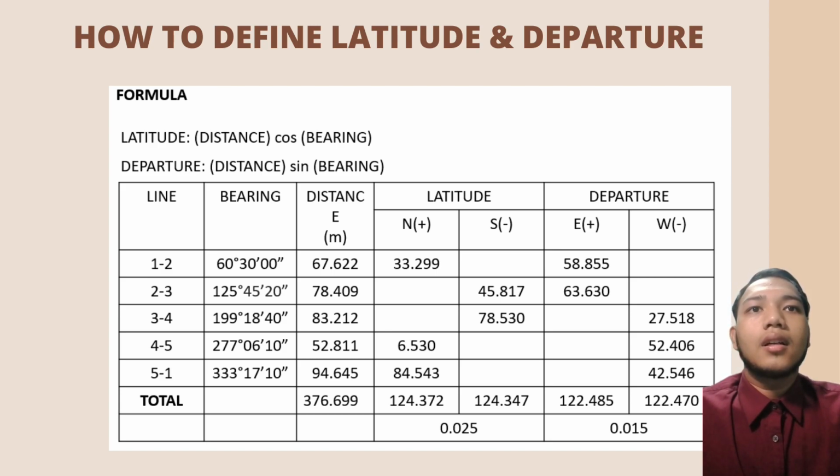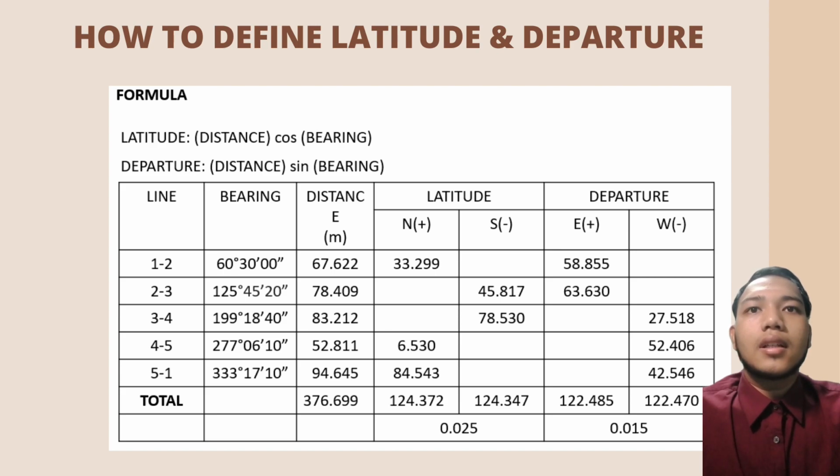And then to find the departure, 78.409, the distance, times sin of the bearing 125 degrees, 45 minutes, 20 seconds. And we got positive 630.